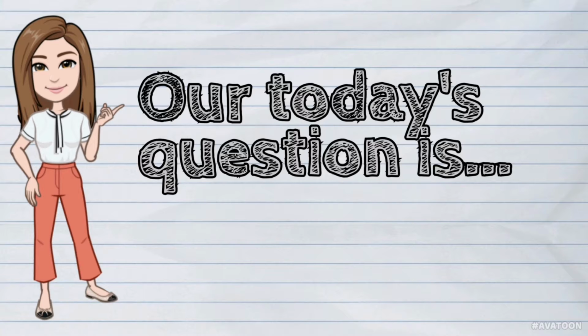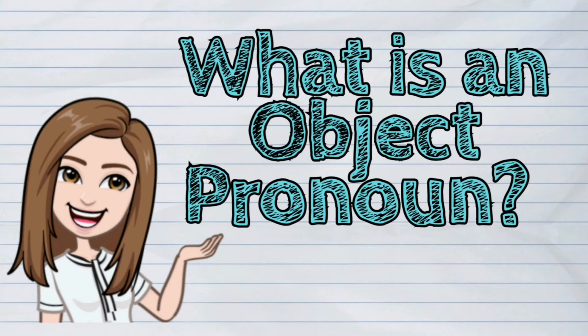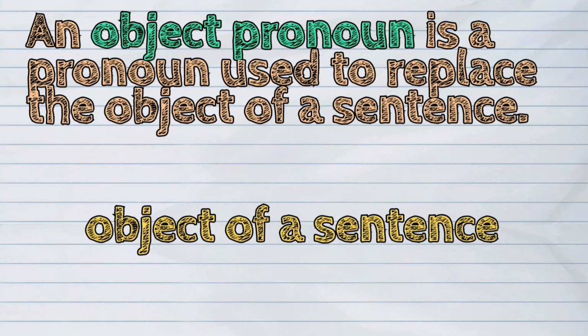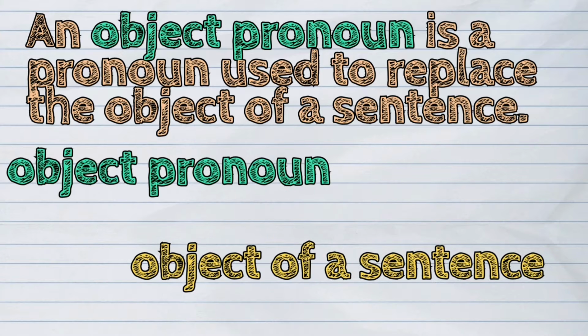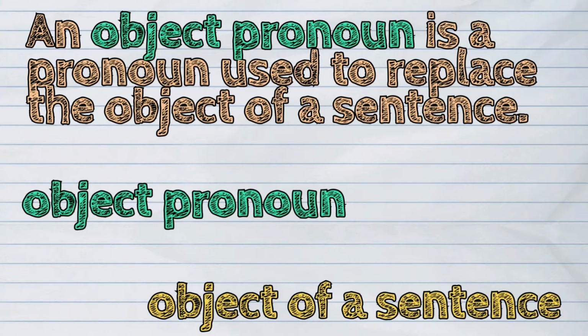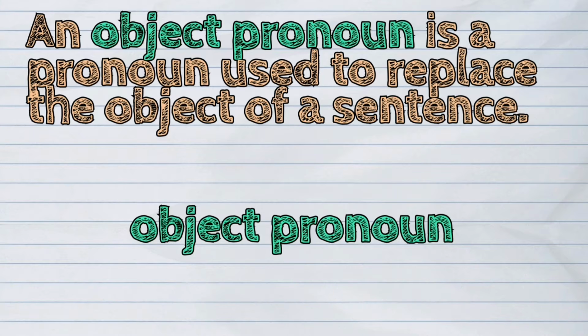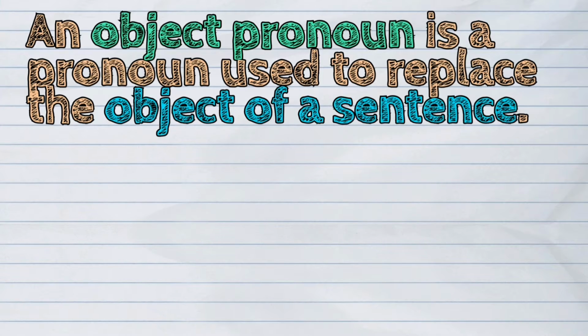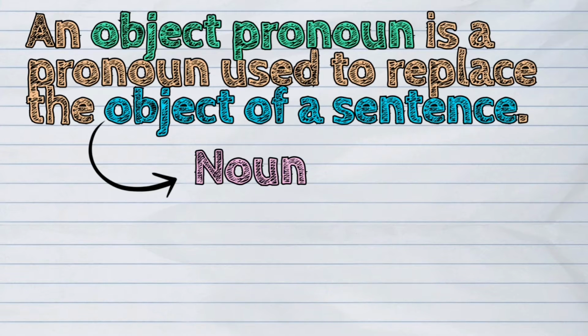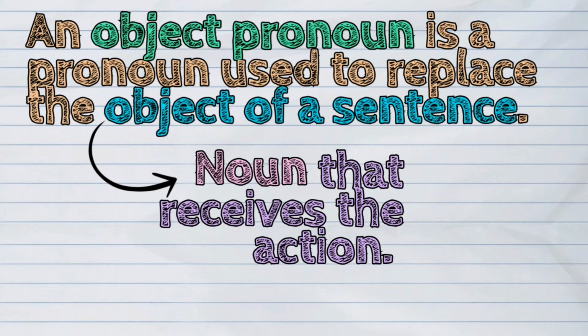Our today's question is: what is an object pronoun? An object pronoun is a pronoun used to replace the object of a sentence. The object of a sentence is the noun that receives the action.